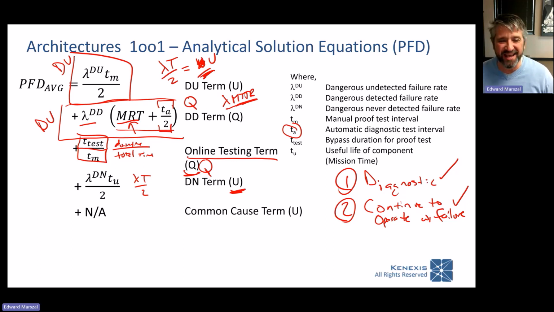Sounds kind of simple to say. In order to use an unavailability, you have to be able to detect and repair online. DN are never detected, and technically they're never repaired either. So the whole concept of unavailability makes no sense. It's an unreliability. Now, common cause term I will get to when I show you the 2 out of 2 voting arrangement real quick.